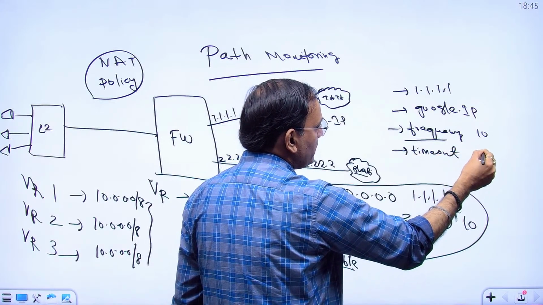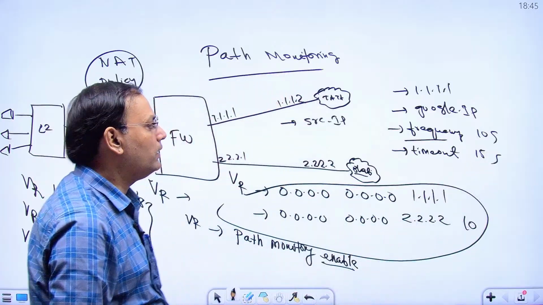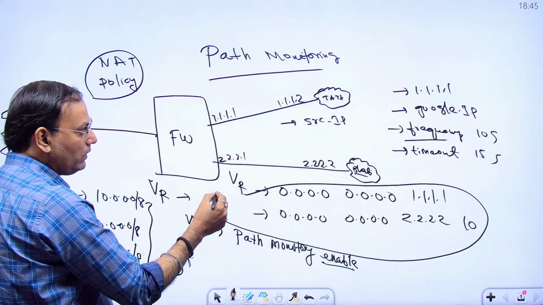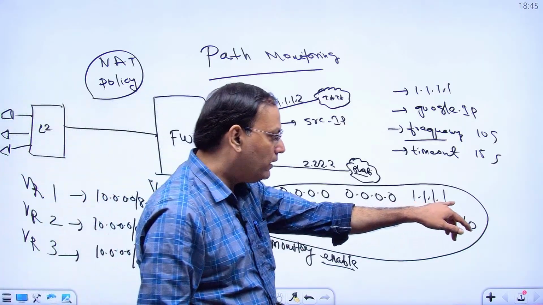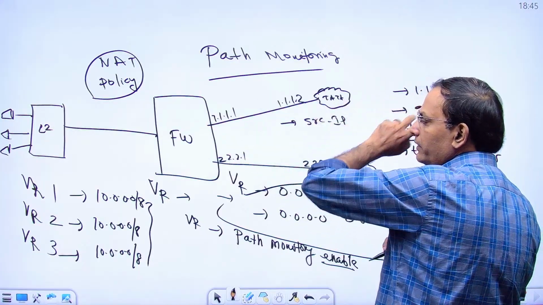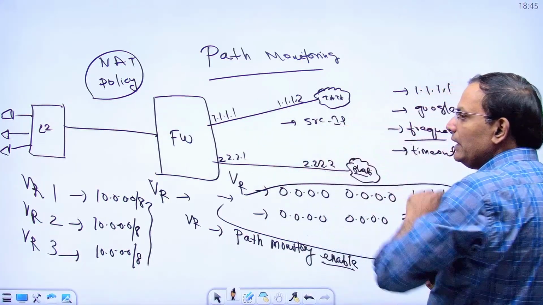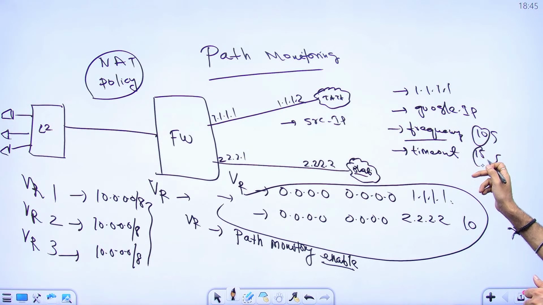Let's say 15 seconds, everything is in seconds, right? So in the VR, this path monitoring will be enabled on the primary link. This interface will initiate a ping to the Google IP every 10 seconds as per this configuration, and whenever there is a timeout, the traffic will fall back to the Bharti.